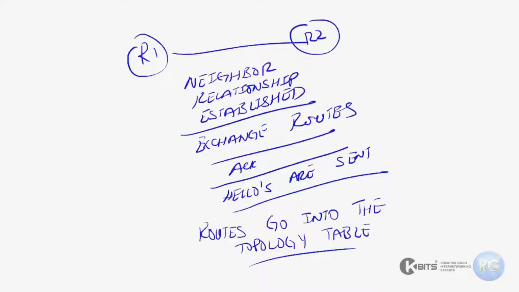What is the best route called? The successor route. And if you had a second best route or a third best route, those routes remain in the topology table. And these routes are known as feasible successors. Later on, if you get a chance, we'll also talk about the feasibility condition, but feasible successors is what they call right now.